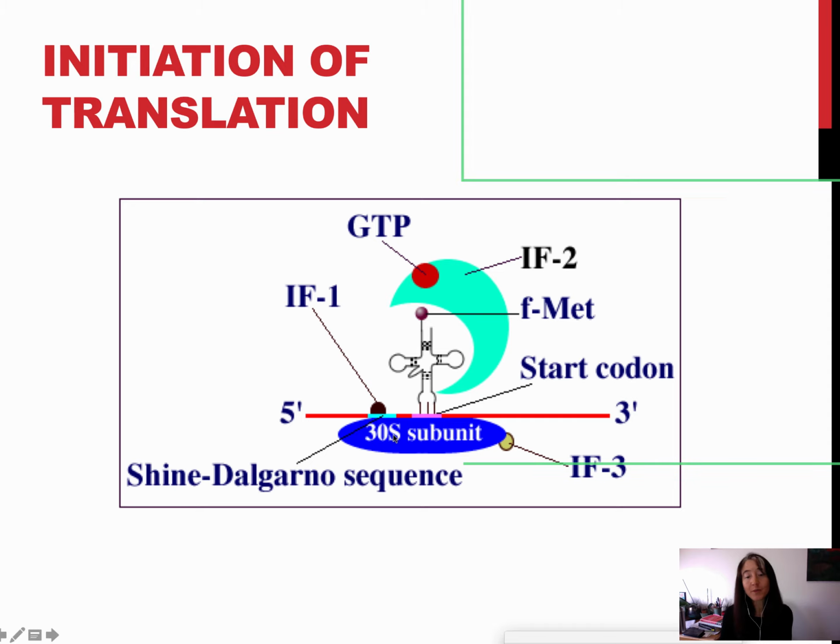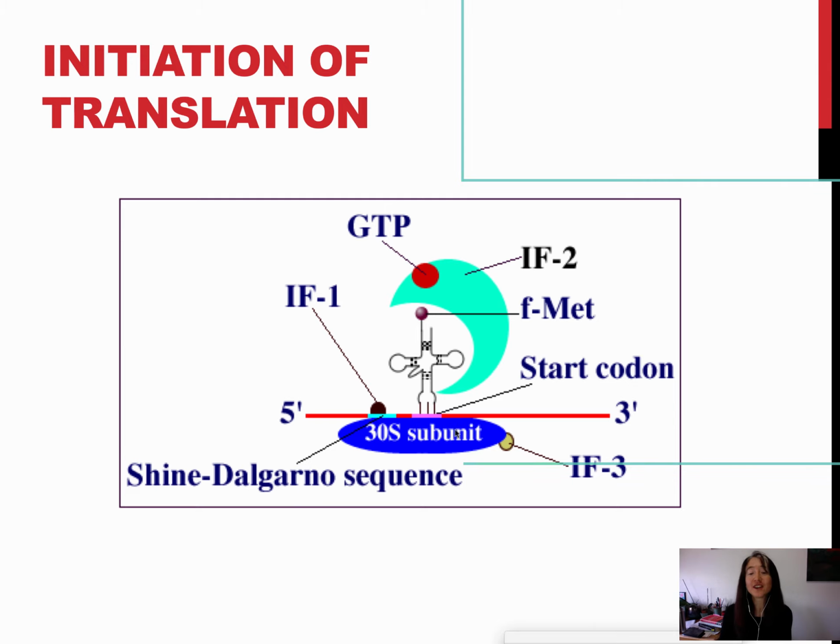Now you might be remembering that inside of that 30S subunit is the 16S ribosomal RNA. And it's the 16S ribosomal RNA that is pairing with the ribosome binding site. I'm going to show you a more in detail picture of that in just a moment. There are other things that get involved with this process of initiation.